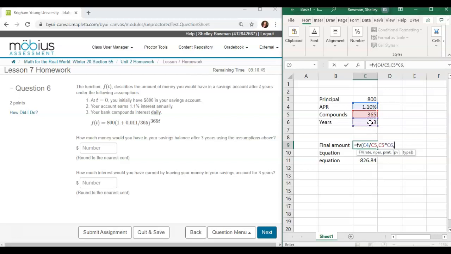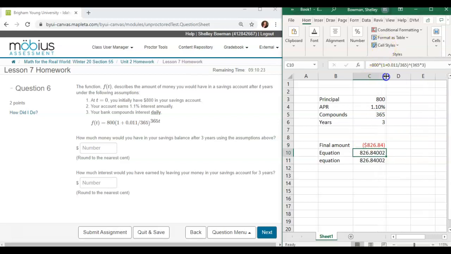I'm not making any sort of payments, but I do have a present value, or oops, I needed a comma, present value of 800, and then these in the brackets are not required, but because I have a present value, I am going to put that in there.